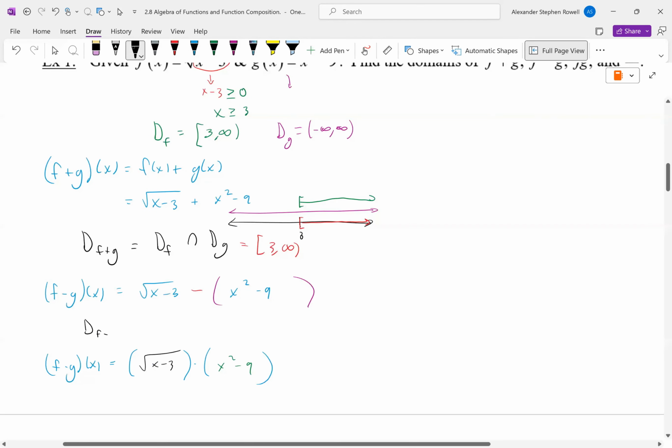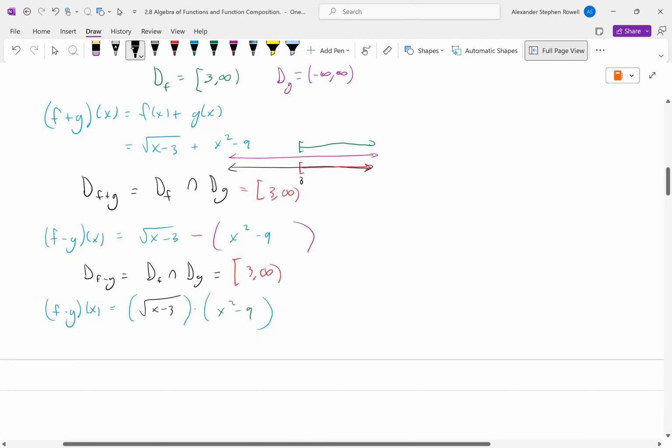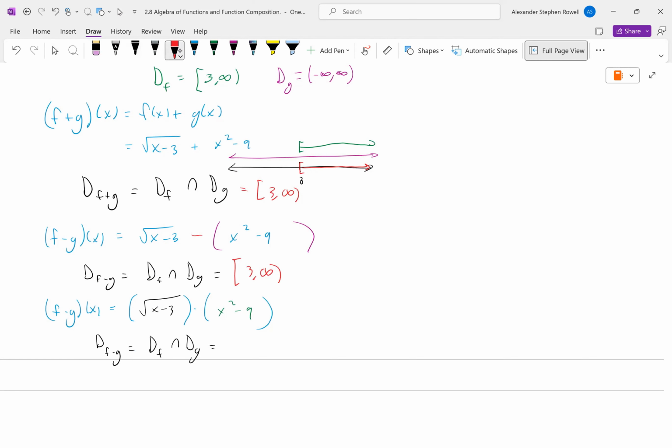The domain of f minus g is equal to the domain of f intersected with the domain of g, which is also 3 to infinity. We already computed that. And likewise, the domain of f times g is equal to the intersection of the domain of f with the domain of g. That is also 3 to infinity.